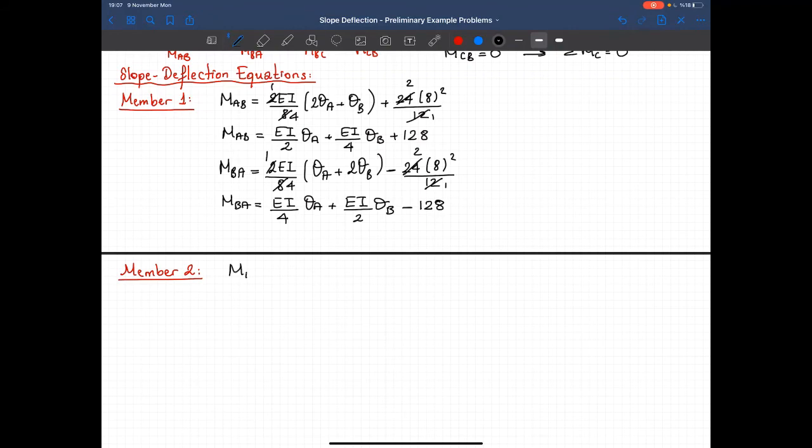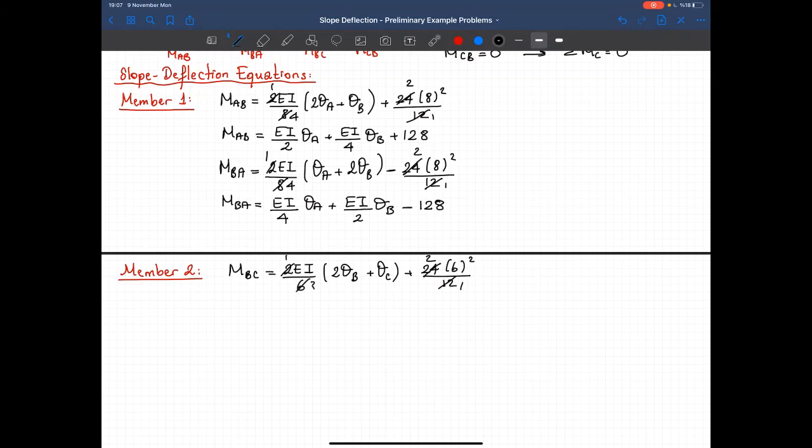So I have MBC is equal to 2EI over 6 times (2 theta B plus theta C) plus 24 times 6 squared over 12.